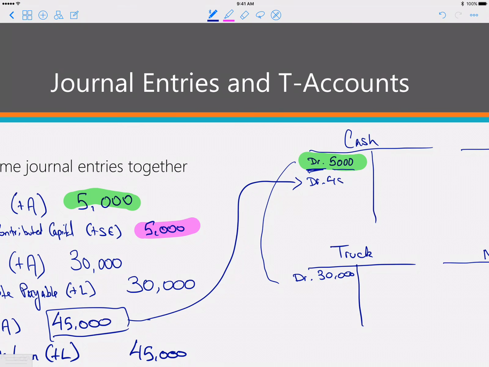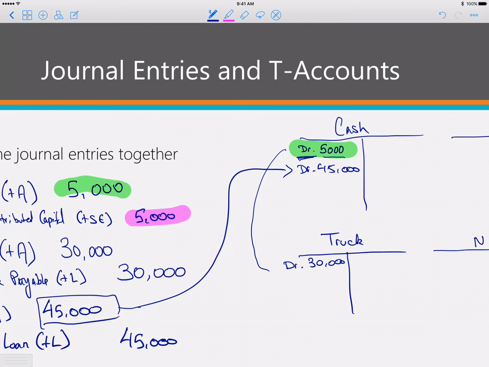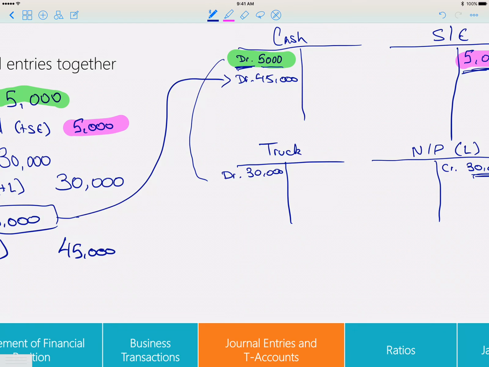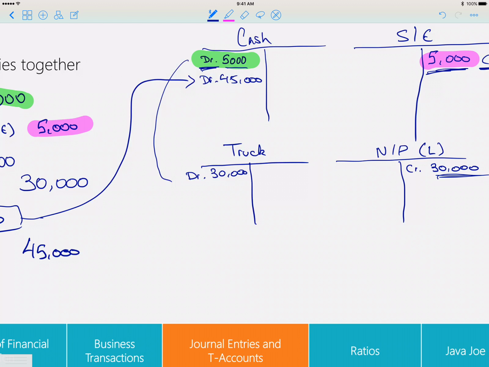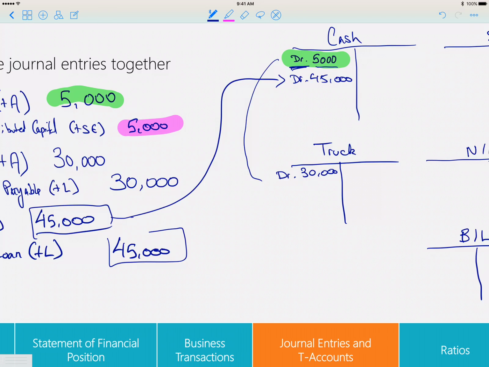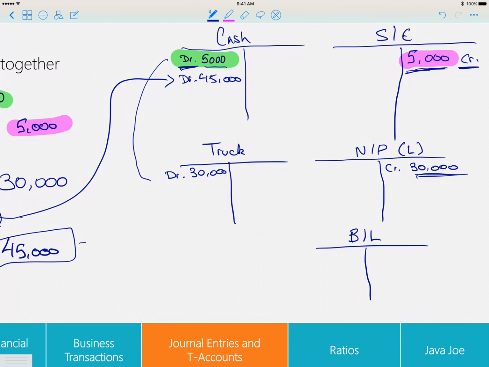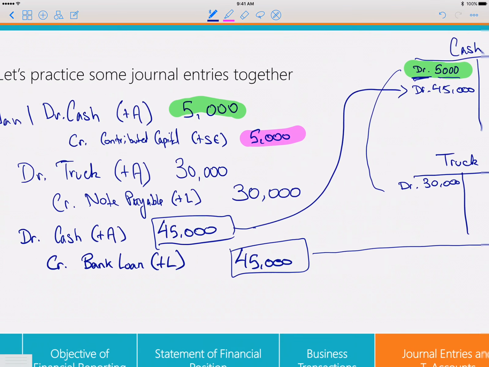So we debit $45,000. And we are now going to create an account for our bank loan. So the $45,000 bank loan is going to go here. We credit $45,000, and this is a liability. Just like the payable, we owe this money.